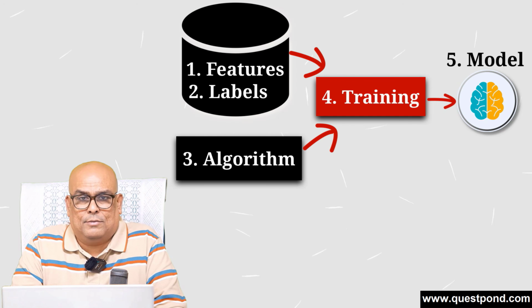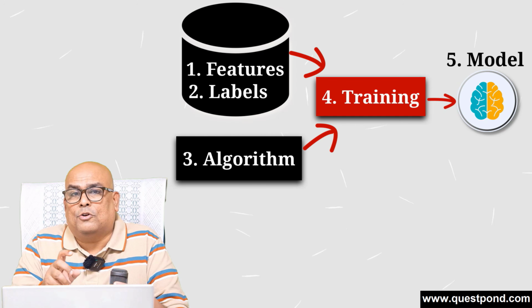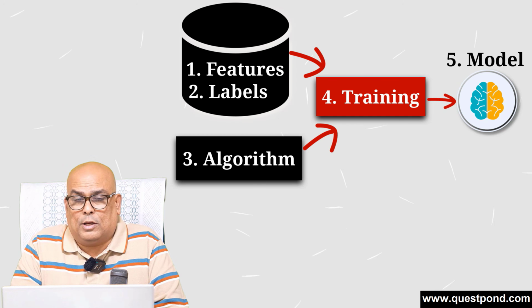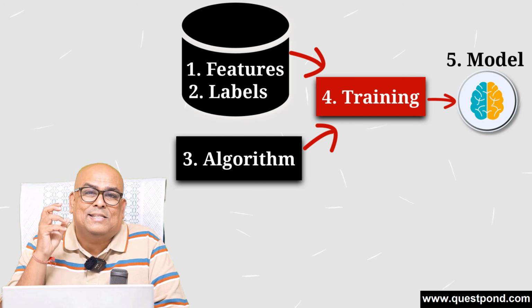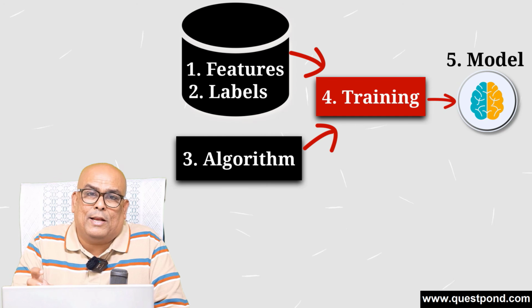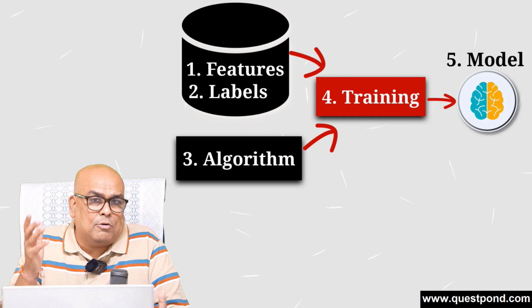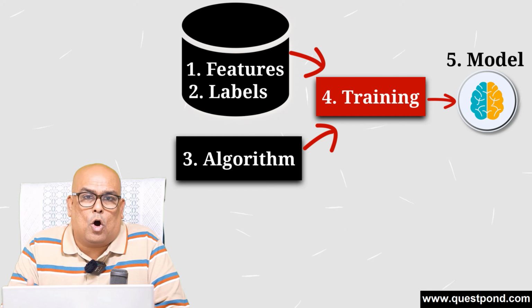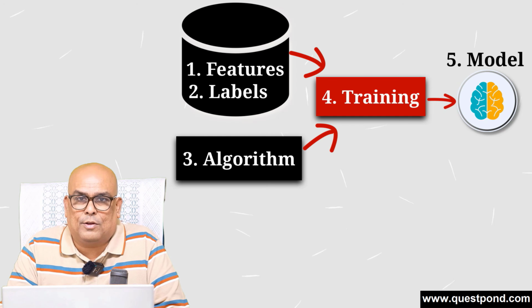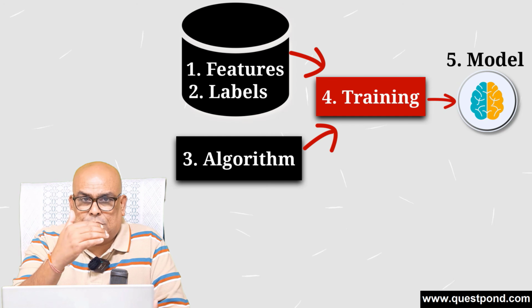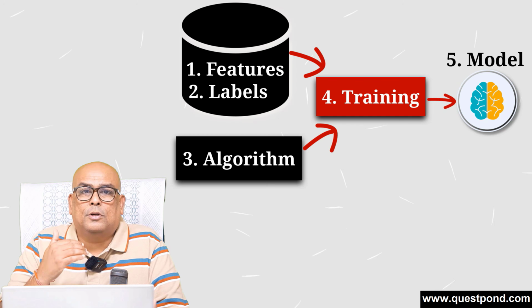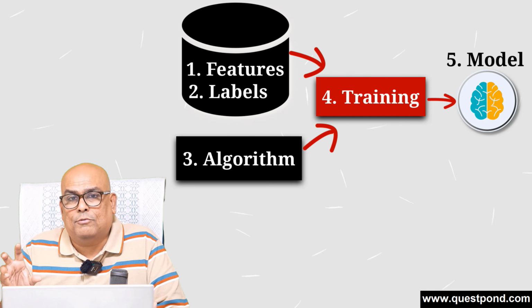You feed that into your training system, and the training system gives out a model, and this model is that brain. So if you ask, tell me what is red, long and chili, it will say chili, right? So remember: features, labels, data input, algorithm, training, and then finally the model.